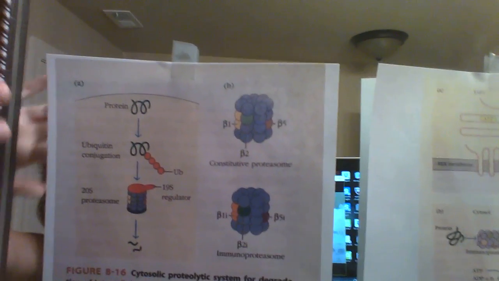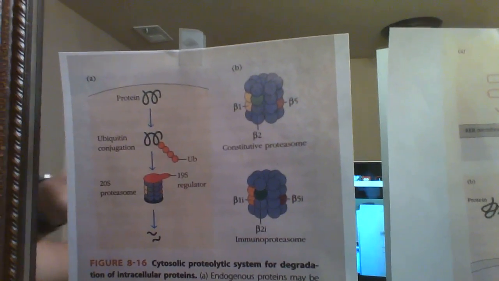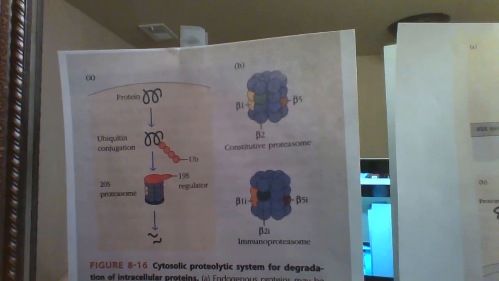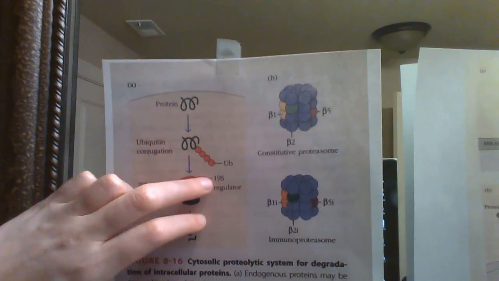Here's exactly what I showed you. You've got your proteins that will be degraded, and they're marked by ubiquitin for protein degradation. They're broken down via this proteasome with a 20S base and a 19S regulator into smaller peptides.